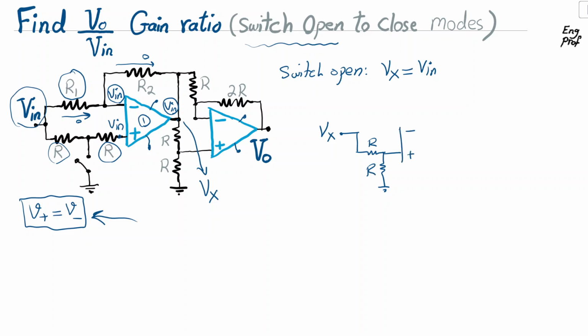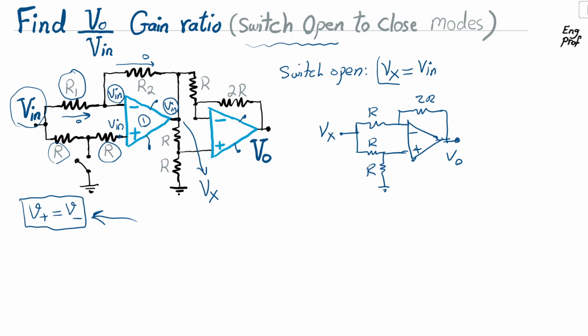The negative input terminal from Vx is connected via R, and then via 2R we go to the output. Here is the second op amp, plus and minus, and this is the final output. This is not difficult. We can see Vx, which in this case with the switch open is Vn, as I explained.